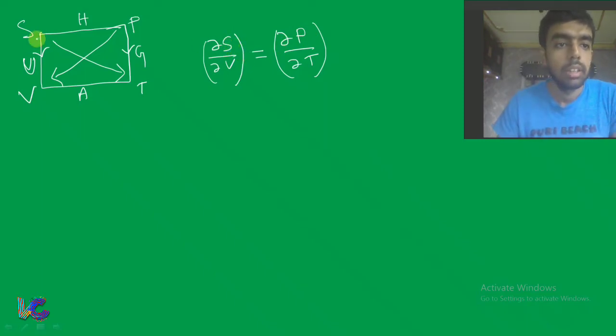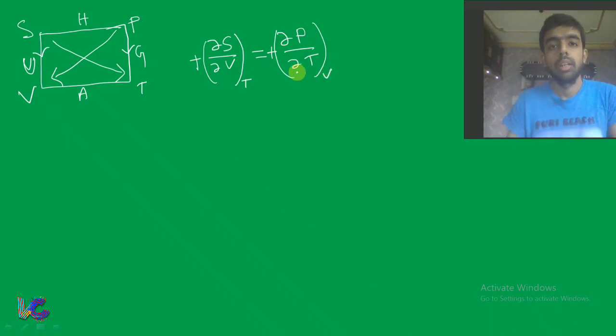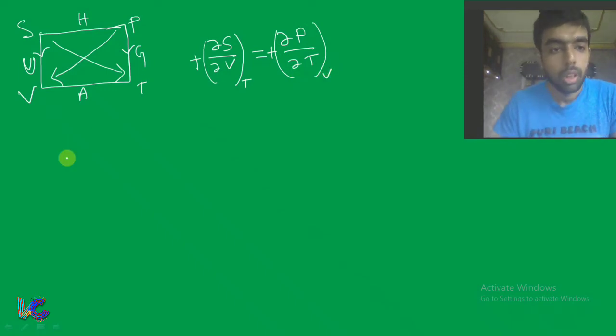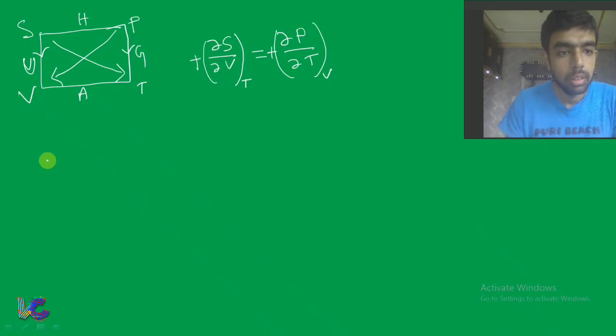So for S, the arrow is moving away, so there will be a positive sign, and the arrow is going to T, that means the constant will be T. Fine. And for P the arrow is moving away from P, so it is positive, and the arrow is going to V, that means at constant V. Fine. Now the next square.